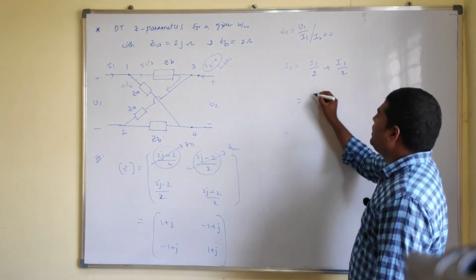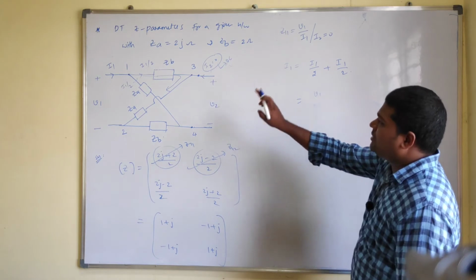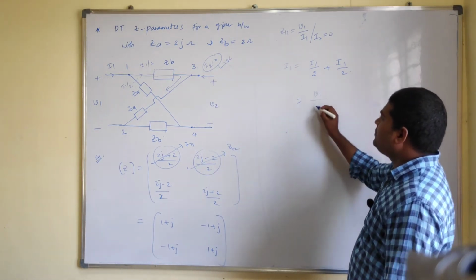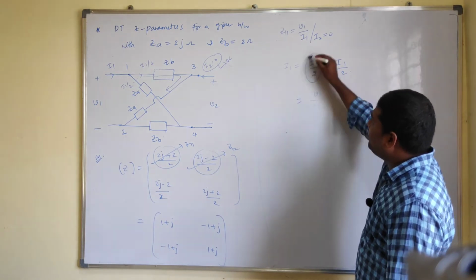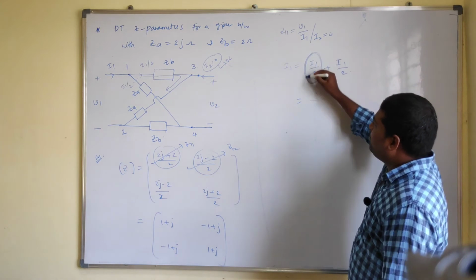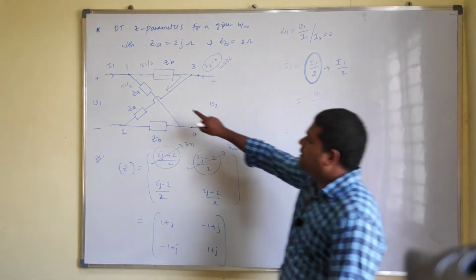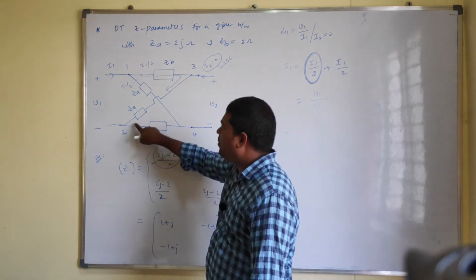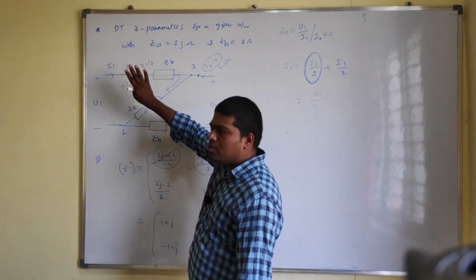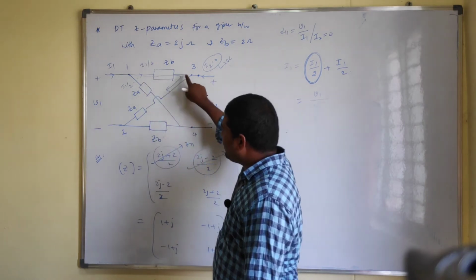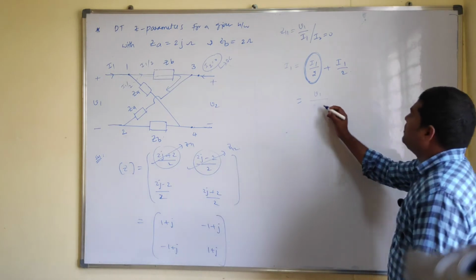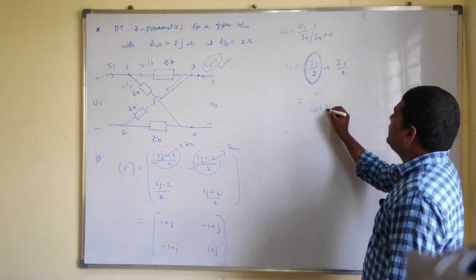The voltage drop across that complete branch is V1. So this branch current I1 by 2 equals the voltage drop across this branch by the total impedance, that is ZA plus ZB.